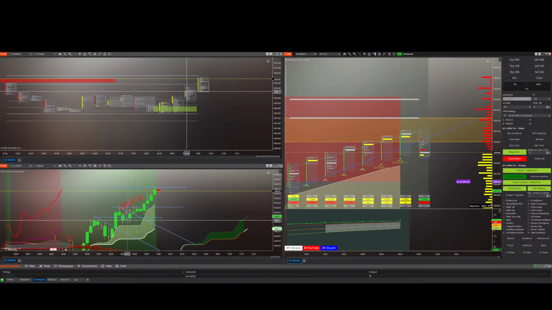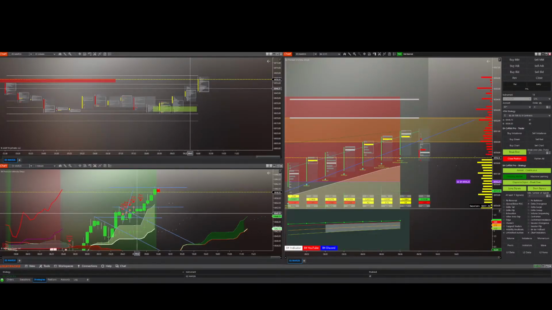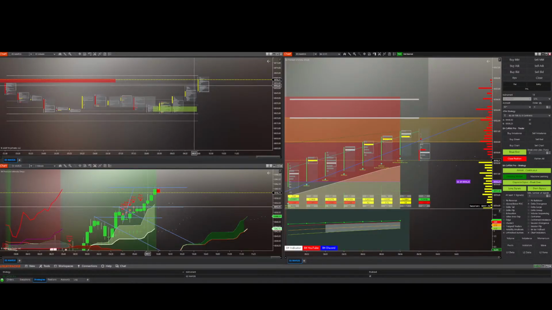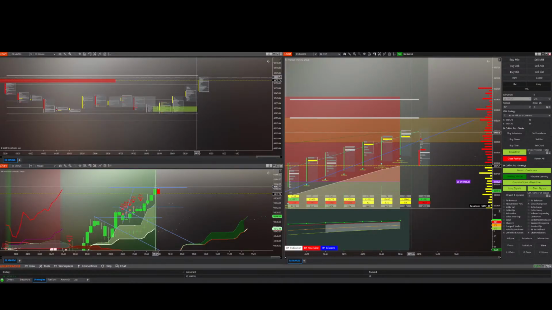Remember what we were teaching about counting candles, Paul? Remember 5 candles is an average push? 1, 2, 3, 4, 5. A hard push is 9 candles. 1, 2, 3, 4, 5, 6, 7, 8, 9.